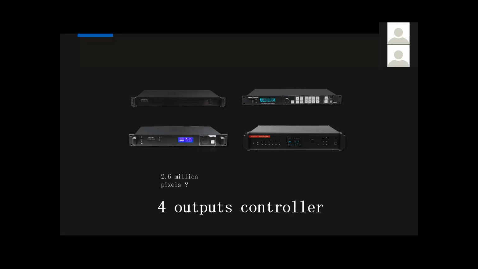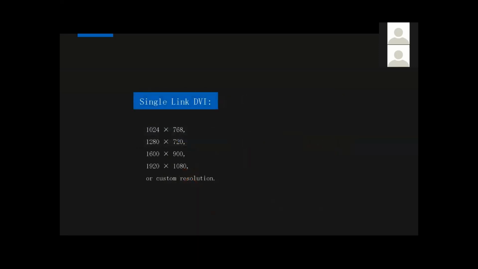The answer is definitely no. If you have ever read our specifications, the loading capacity for those 4-port controllers always says 2.3 million pixels. The reason why it is 2.3 is because it comes from the input part.